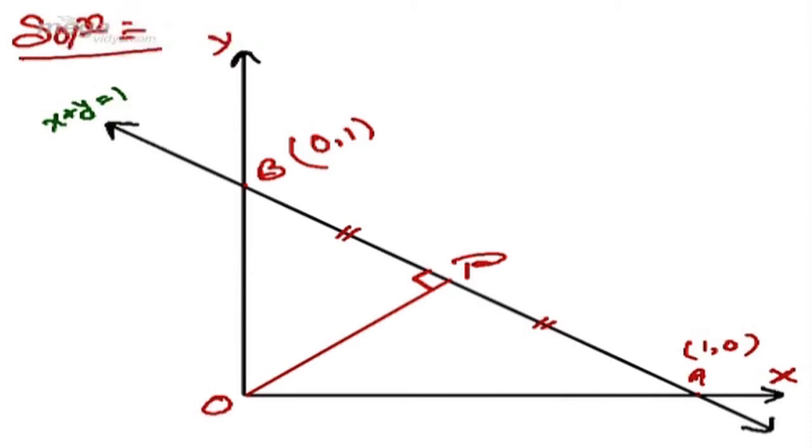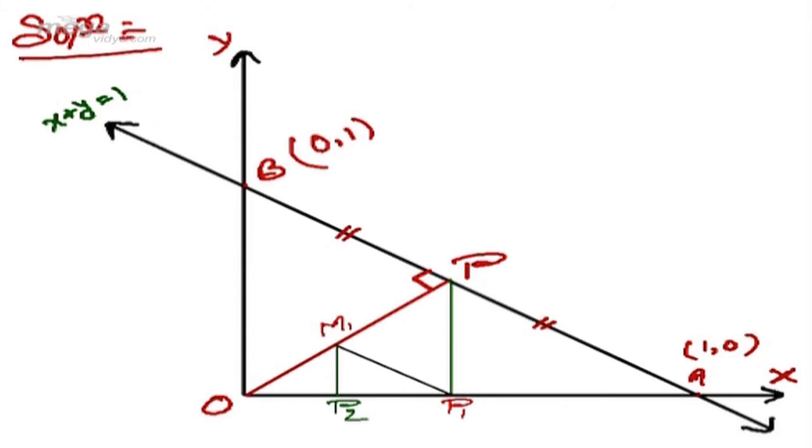Now according to the question, P1 is the foot of the perpendicular drawn from P to OA. This will be your P1. From P1, M1 is the foot of the perpendicular to OP, so we draw the foot of the perpendicular from P1 to OP, and this will be your M1. From M1, again the foot of the perpendicular drawn to OA is your P2.